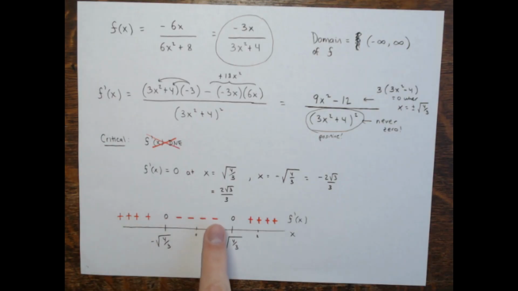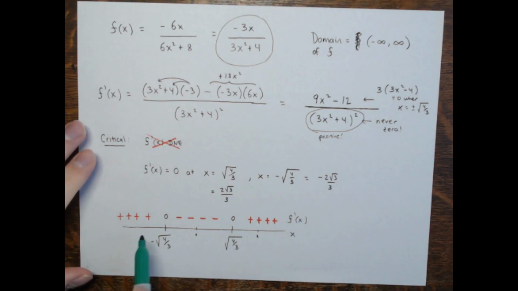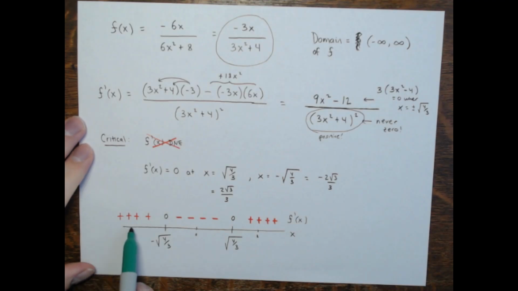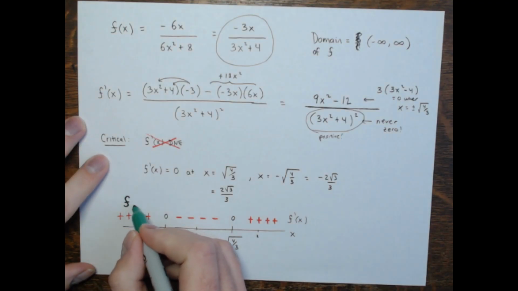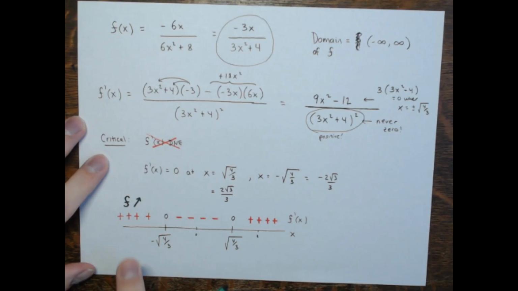So remember what this is telling us. These signs of the first derivative tell us about the graph of the original f. From negative infinity up to this negative square root of 4/3, the graph of f will be increasing as you have positive first derivatives.